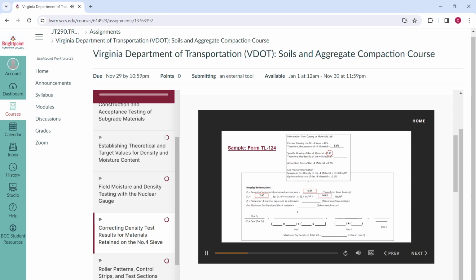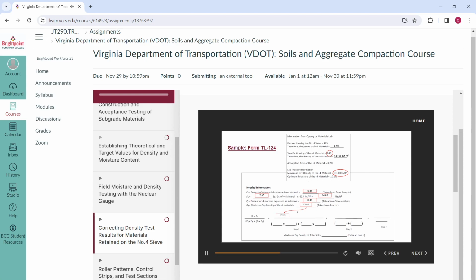When we complete this calculation, we get a value of 149.8 pounds per cubic foot. P sub F, our percent of -4 material expressed as a decimal, is just our 46% converted to a decimal, or 0.46. Lastly, our maximum dry density of our -4 material can be found under the lab proctor information and is 133 pounds per cubic foot. Now that we have all of the information that we need, we can begin plugging these numbers into our equation.